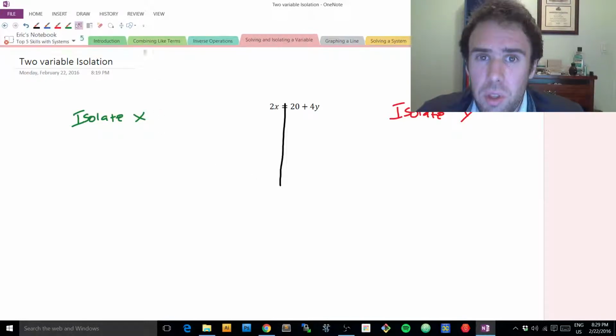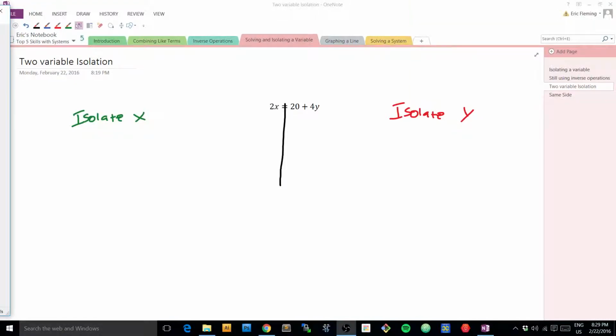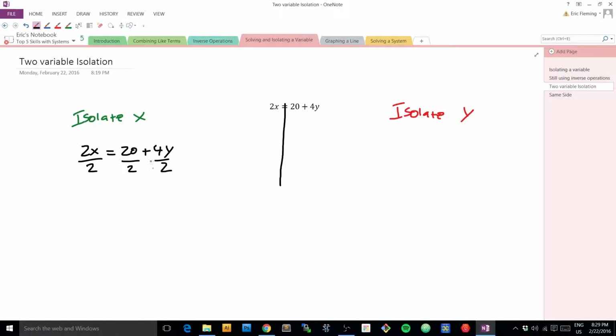So let's try putting this into some practice. Now if I want to isolate x, I see that that's just a simple little divide, because there's only one number affecting my x, and that's this 2 right here. So if I divide this by 2, I need to make sure that I divide every other piece of the other side of the equation by 2.